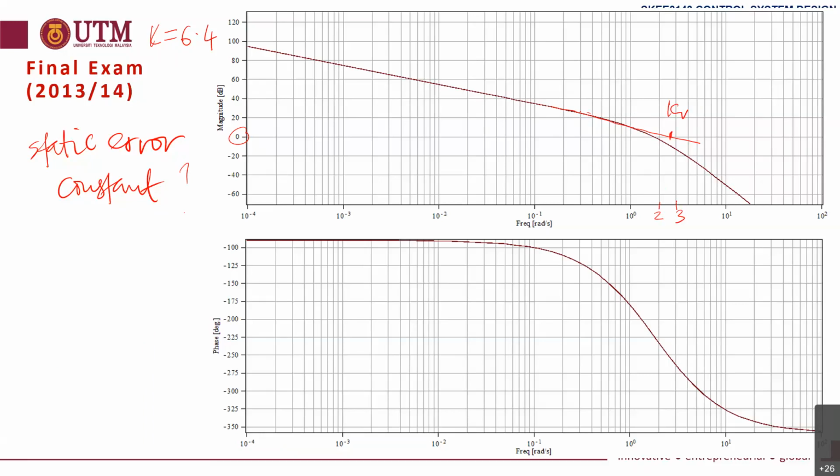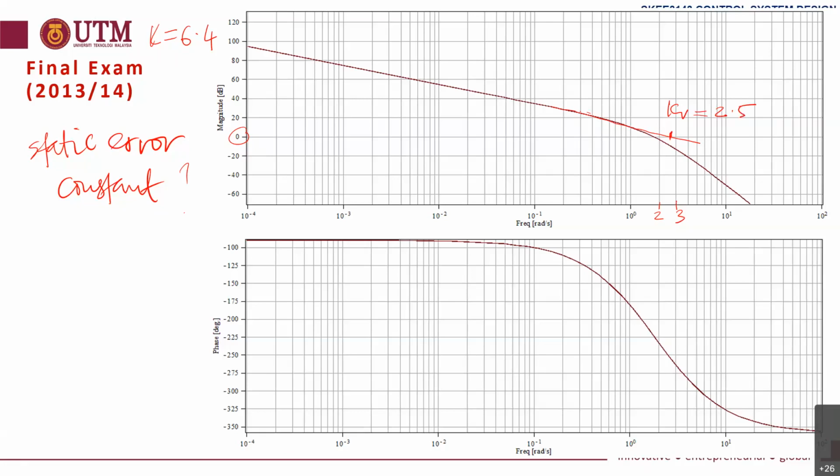If you use your diagram, please make a line. Use a ruler, make a line. You may get a different one. I think it should be more than 3. The one that I did here, perhaps not straight, is about 2.5.